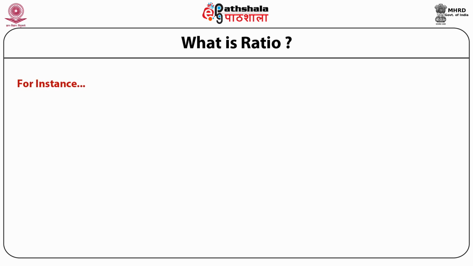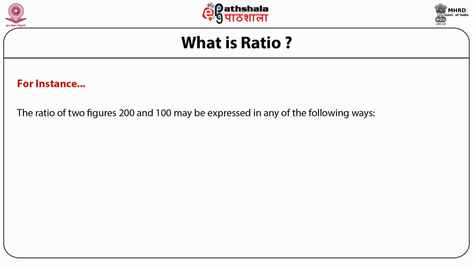For instance, the ratio of two figures 200 and 100 may be expressed in any of the following ways. First, 2:1. Second, 2/1. Third, 2 times. Fourth, 200%.